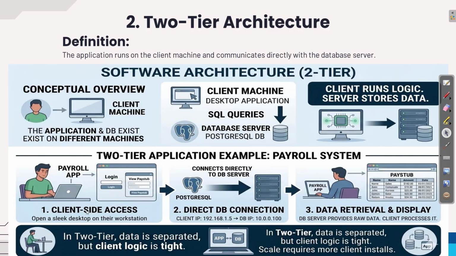On the second machine we have installed the database, Postgres or any other database. So the client is directly communicating with the database. This is called the two-tier application, or sometimes the client server application. In this case, the client is communicating directly with the database and fetching the results.